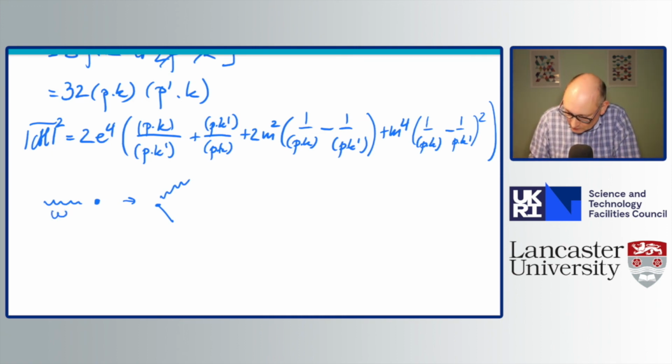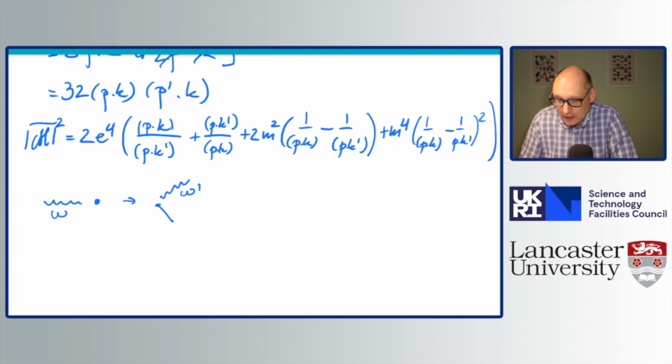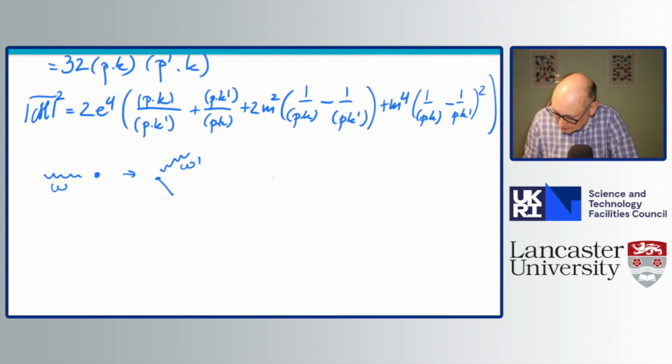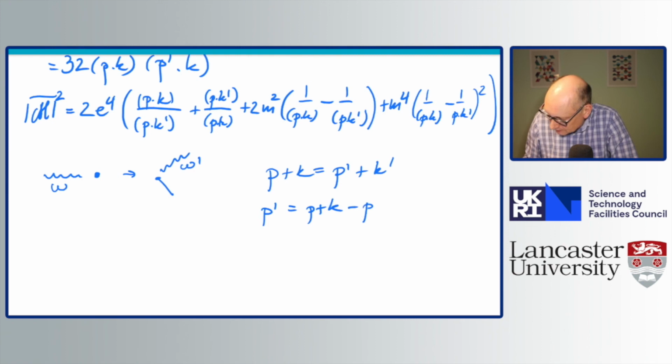If omega is the energy of the incoming photon and omega prime is the energy of the outgoing photon, then one can use energy-momentum conservation to say that P plus K is equal to P prime plus K prime, and that means that P prime is equal to P plus K minus K prime.